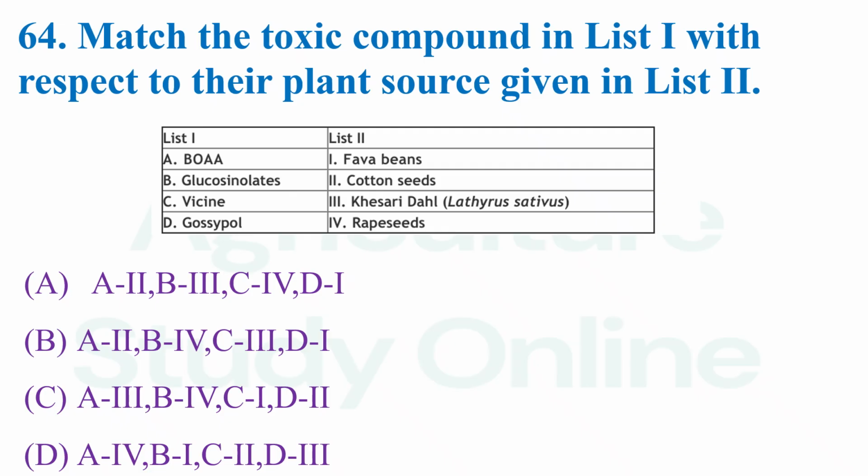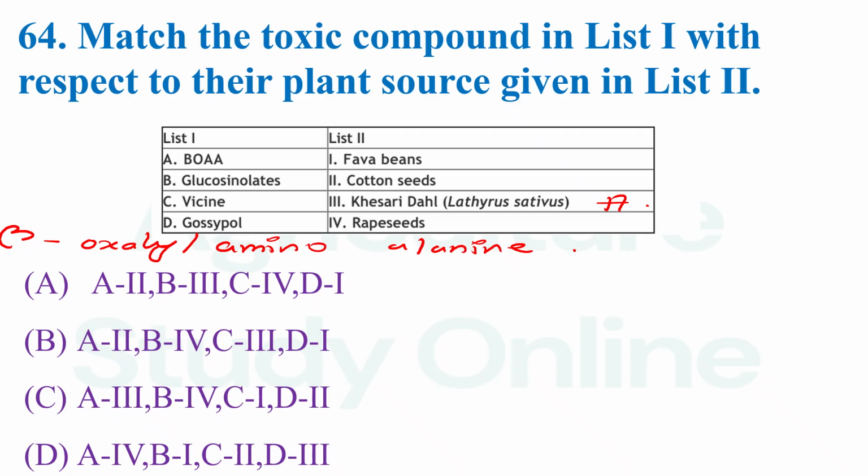It stands for beta oxalyl amino alanine. So it is related with kesari dal, that is Lathyrus sativus. It is found in kesari dal and it can cause lathyrism, that is paralysis.